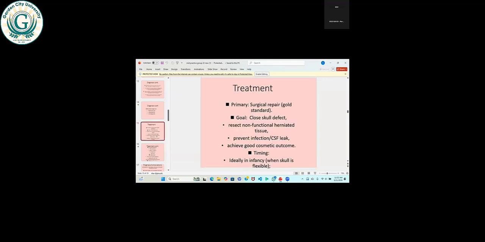With the treatment, the primary treatment is surgical repair, and the goal is to close the skull defect, resect non-functional herniated tissue, prevent infections and leakage of the cerebrospinal fluid, and also achieve a good cosmetic outcome. The timing for the surgical repair is ideally in infancy, when the skull is flexible.